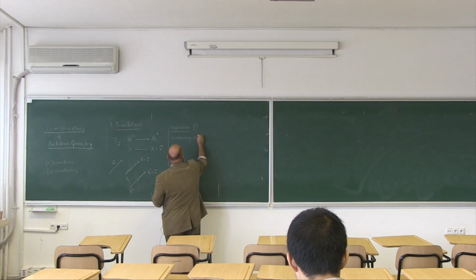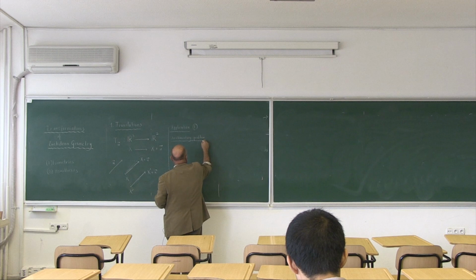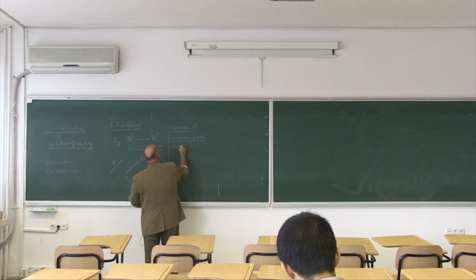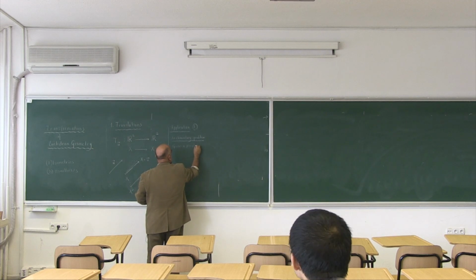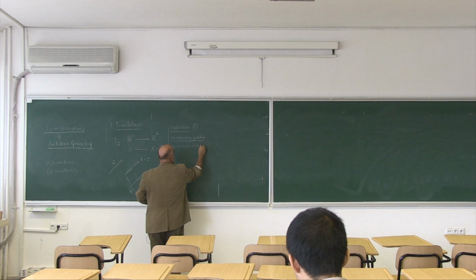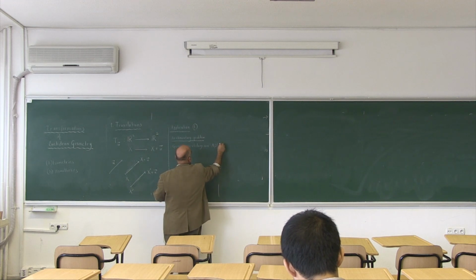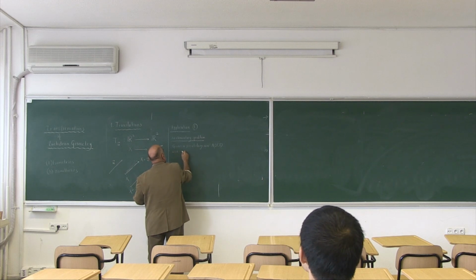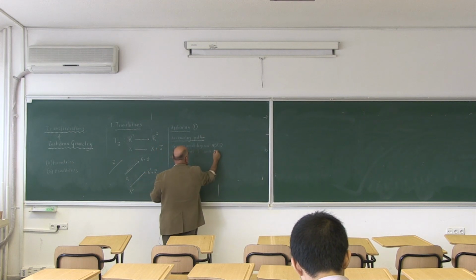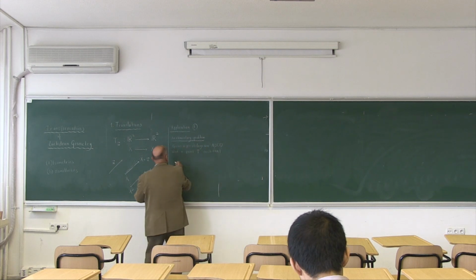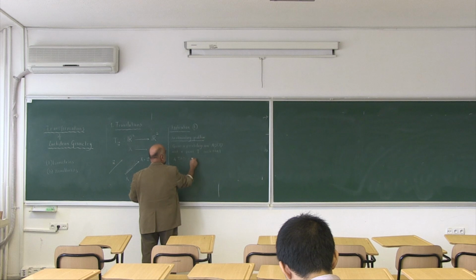An elementary problem. It goes like this. Given a parallelogram ABCD, and a point T, such that the angle TAD, I shall now draw a picture, is equal to the angle DCT.